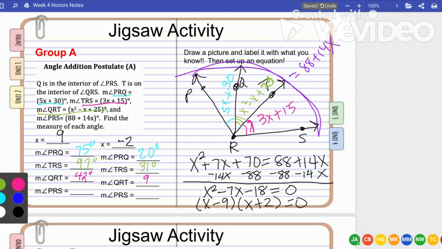It's going to be 9 degrees. Last but not least, our total. 9 times 14 plus 88 is 214 degrees.